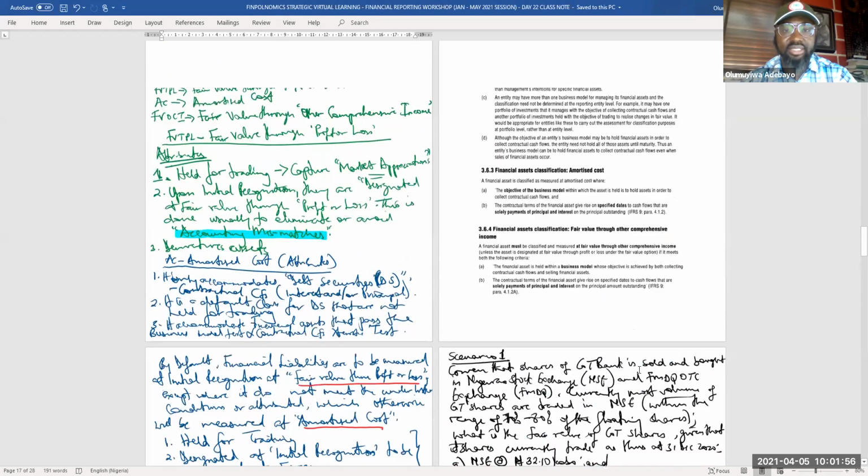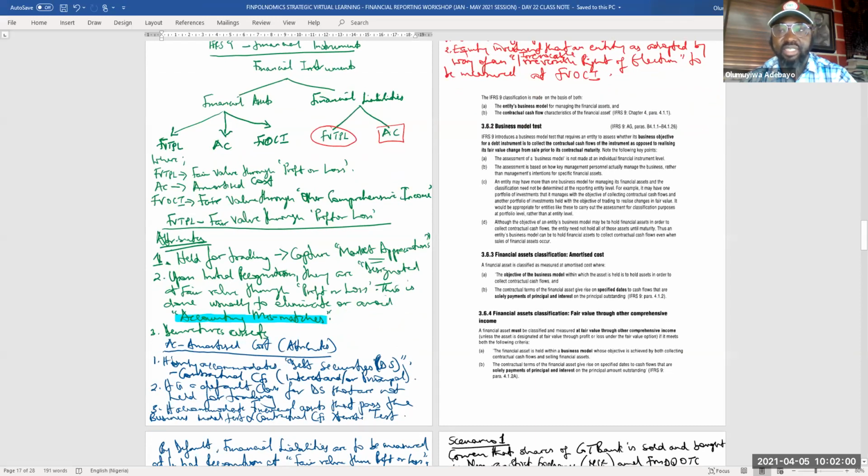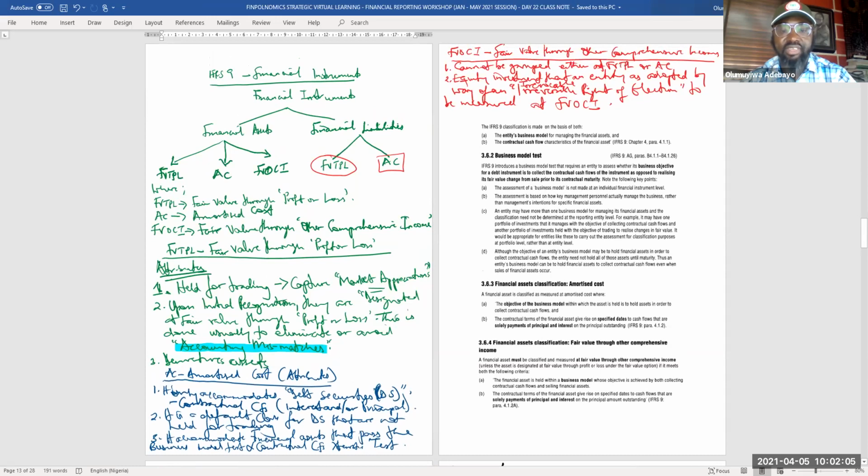We classify financial assets into 3 buckets: fair value to profit or loss, amortized cost, or fair value to other comprehensive income. Financial liabilities are classified into 2 buckets: fair value to profit or loss, and amortized cost.